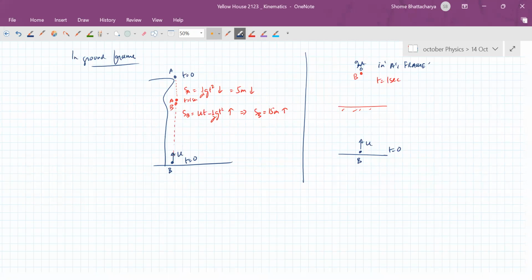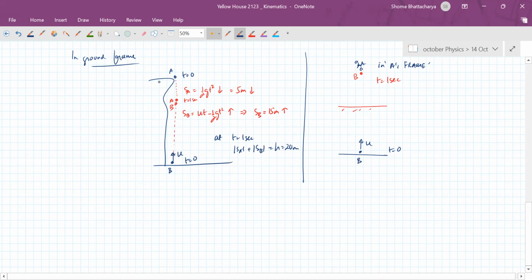You can also verify that at t equal to 1 second, the magnitude of A's displacement plus the magnitude of B's displacement should be equal to 20 meters. So we could have also calculated the question this way, but that would be in the ground frame. See, this is giving us the same result ultimately.